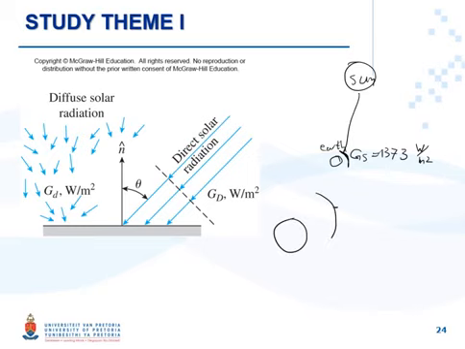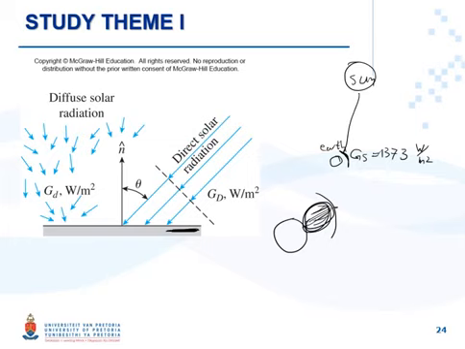Between the outer edge and the Earth there is an atmosphere. This atmosphere, due to absorption and scattering, will reduce the amount of energy that we receive. And now we are talking about the solar energy on the surface of the Earth.